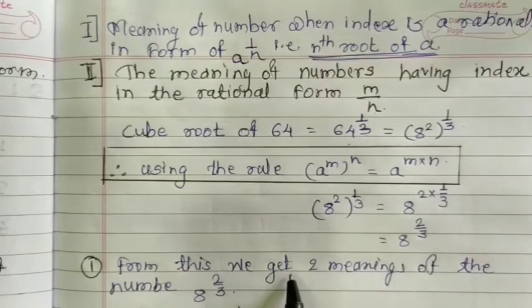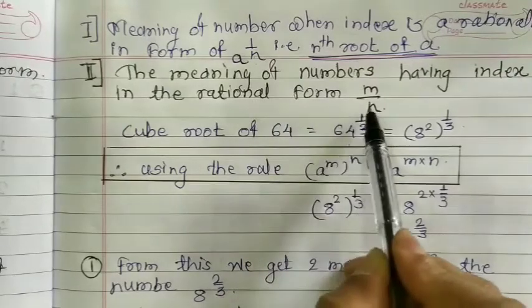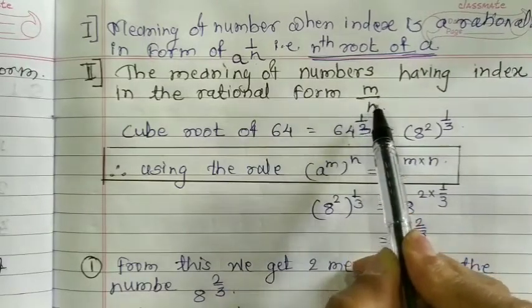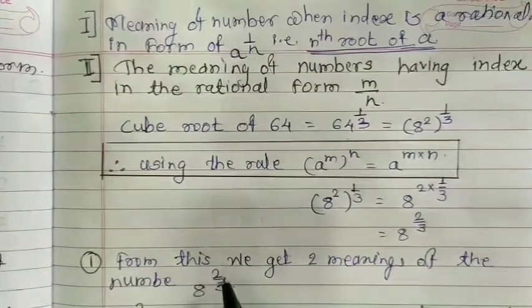From this, we get two meanings of the number: 8 raised to 2 upon 3 is of the form m upon n. How can we read this?